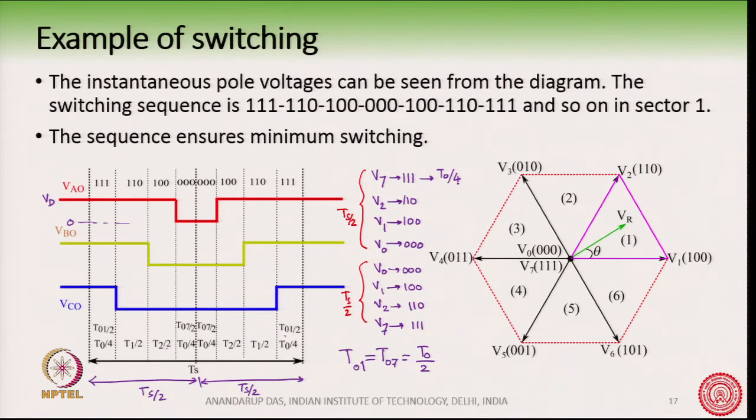In the next timing interval which is T1 by 2, we have 1 1 0. So, you have VAO 1, VBO 1, VCO 0.